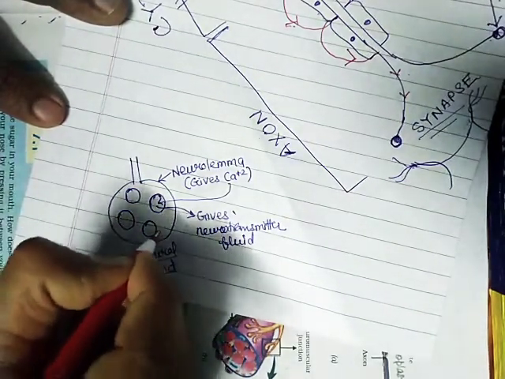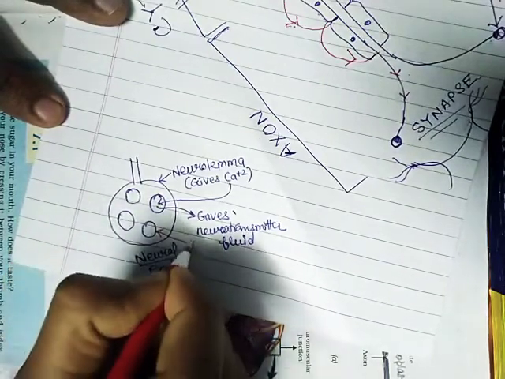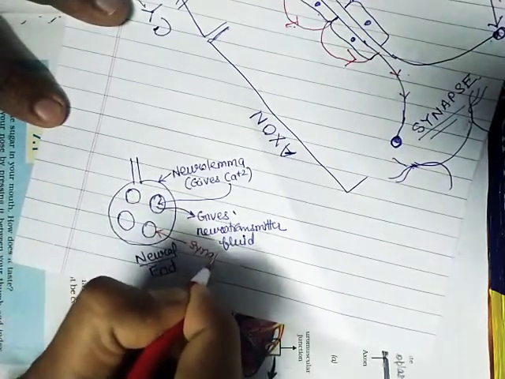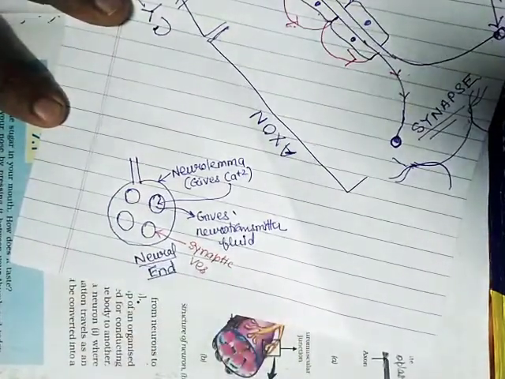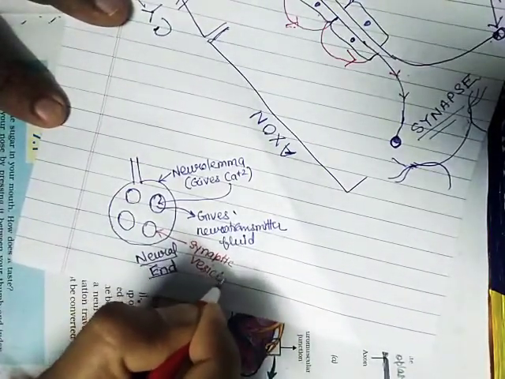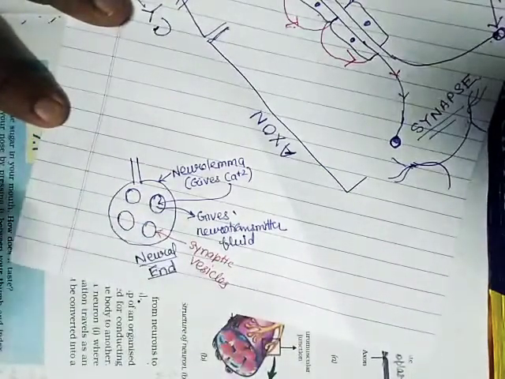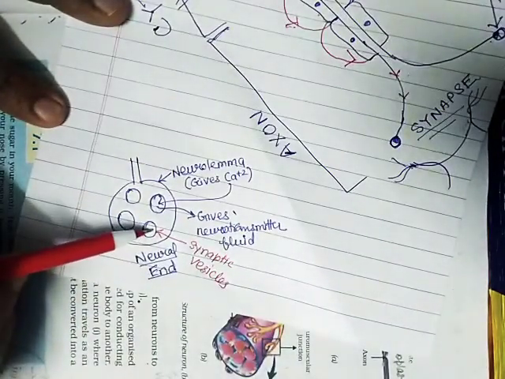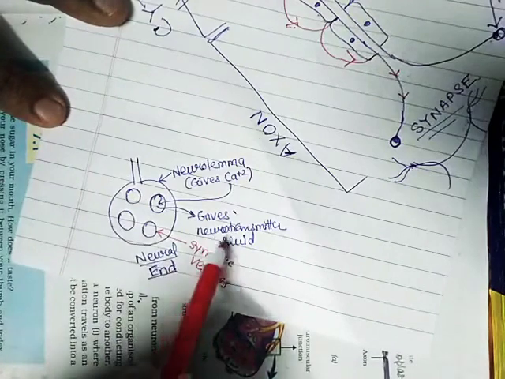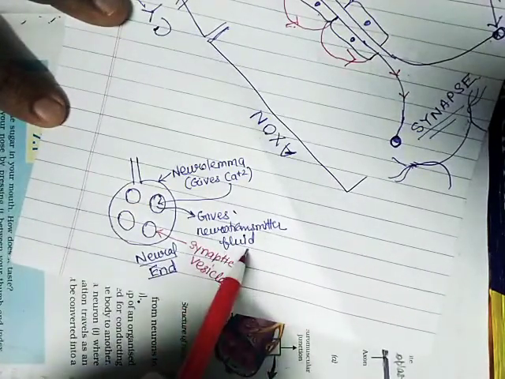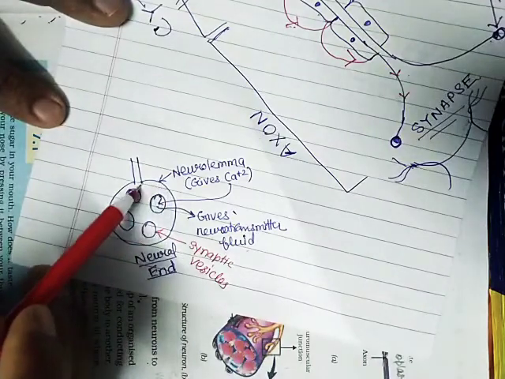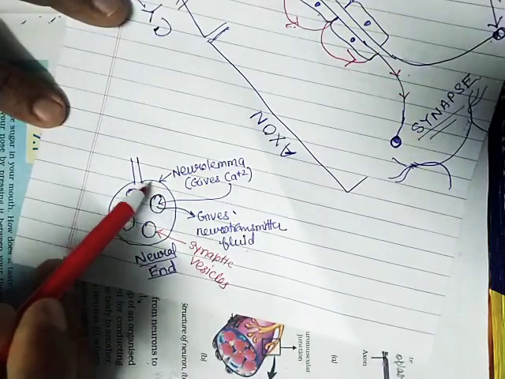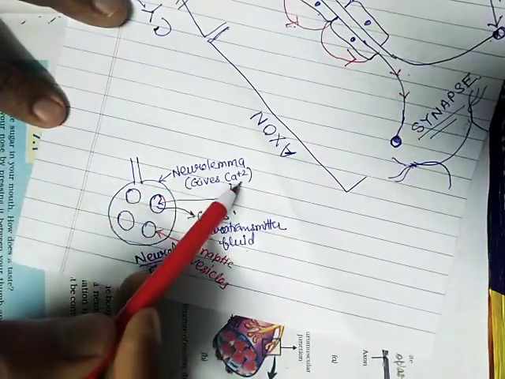These are synaptic vesicles. These synaptic vesicles contain neurotransmitter fluid, and the outer plasma membrane of this knob contains calcium ions.